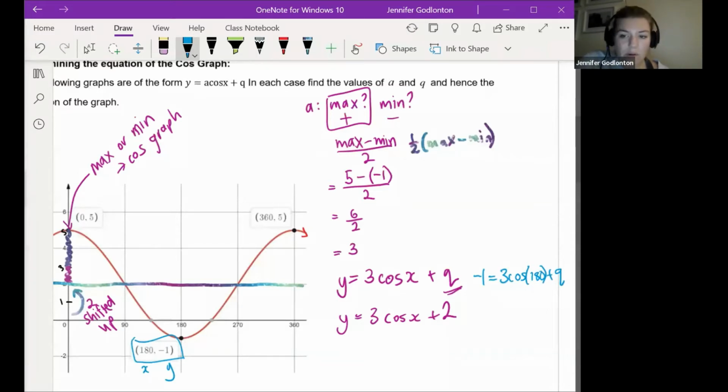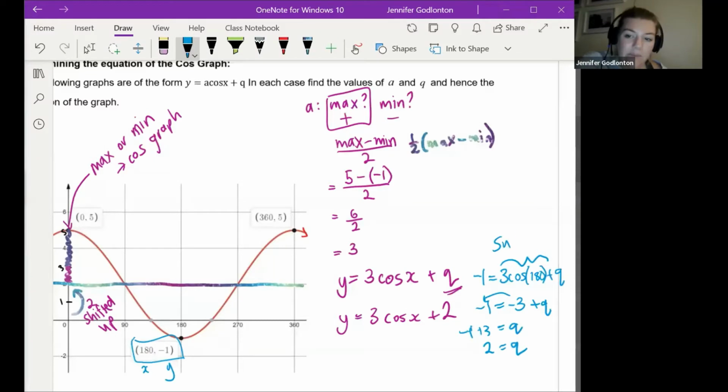We can do that all on our calculator. We put into our calculator 3 times cos, and then in brackets 180, and close off that bracket, and we will get -3. So we can see that -1 is equal to -3 plus Q. Then I'm going to move that 3 over, so -1 plus 3 is equal to Q, which means Q is equal to 2.